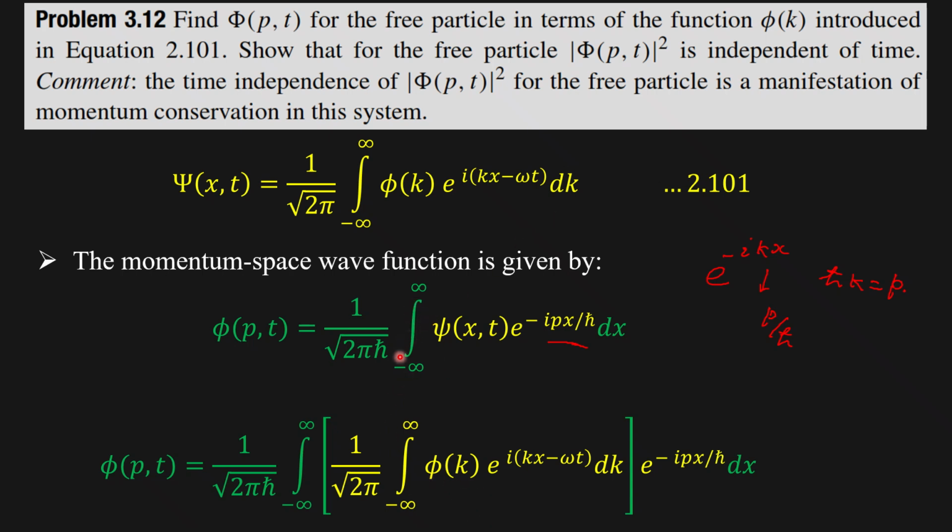Already you have this integral from minus infinity to plus infinity, which I have shown in green color. Then I have taken this out, e^{−ipx/ħ}. This part of the integral I am going to carry out using x.